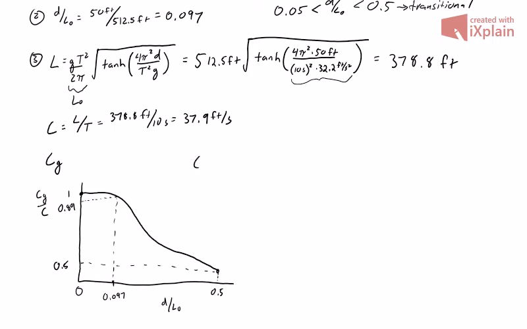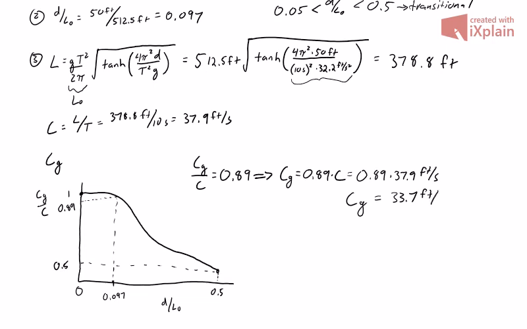That tells us that CG divided by C is equal to 0.89. Therefore, CG is equal to 0.89 times C. And since we already solved for C, it's very easy to plug in 0.89 times 37.9 feet per second and get that the group celerity is 33.7 feet per second.